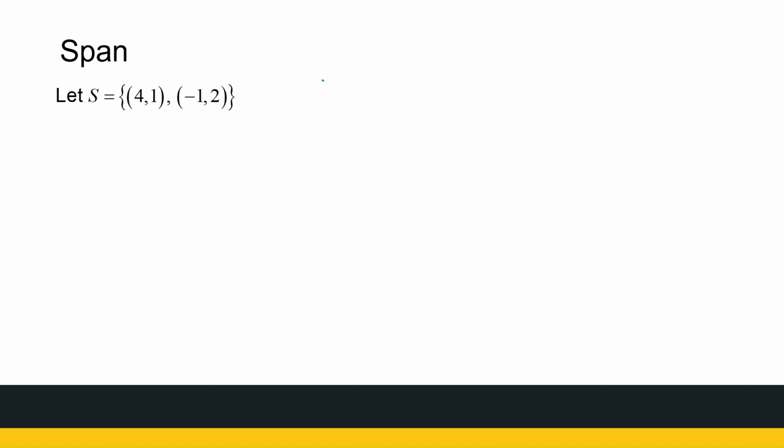Right. Now what if the vectors look a little bit different? 4, 1 and minus 1, 2. Let's look at that set and let's see, well, the span of S is going to be linear combinations of those two. So A times 4, 1 plus B times minus 1, 2. Now we've looked at what linear combinations mean, so all linear combinations that look like that.